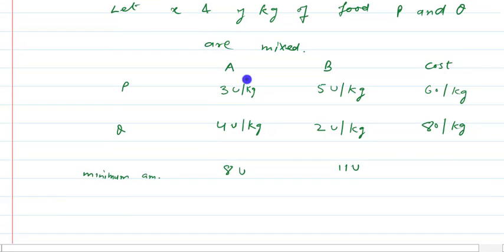Now, as we considered that x and y kgs of the food P and Q are mixed, therefore we can make the inequations or the constraints as 3x plus 4y should be greater than or equal to 8. First of all, let us consider this thing.